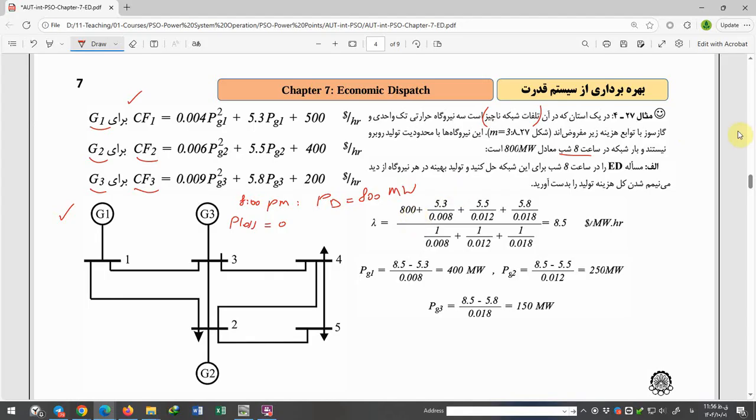So losses is 0 and we don't have any limitation of generation.